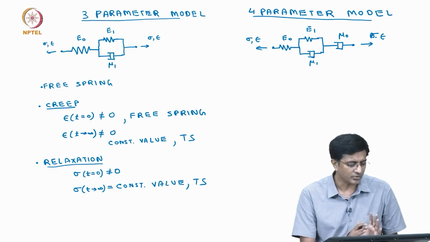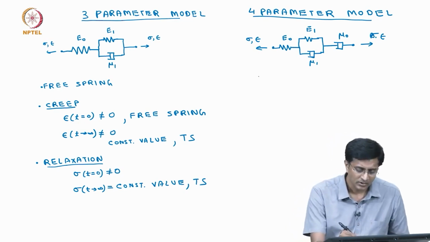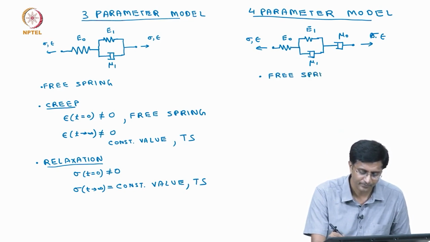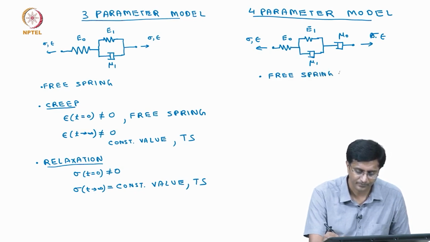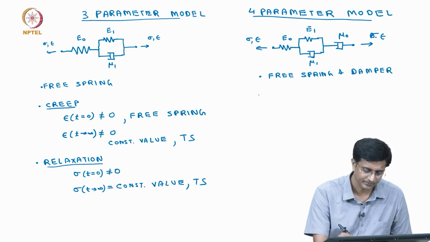Now that we have discussed the 3 parameter model, now let us focus on the 4 parameter model. As we have seen, the major difference is we have both a free spring and a free damper. Okay.